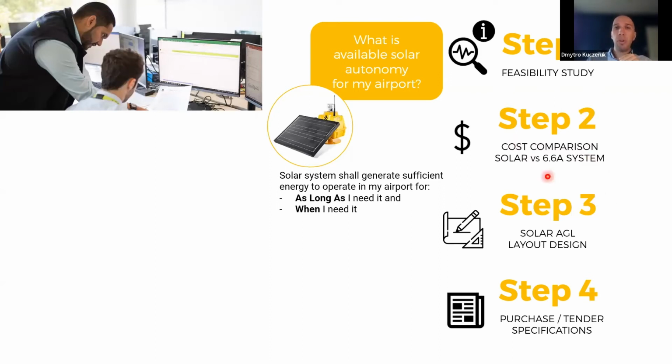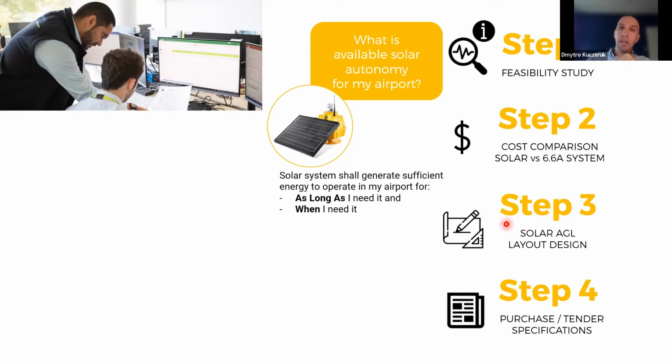After step 2, if this is acceptable by the airport and the airport also accepts the cost benefit of solar system, we go to step 3, where again, in cooperation with the designer and with the airport itself, we prepare a solar airfield lighting layout design that at a later stage will be used by the contractor to perform installation.